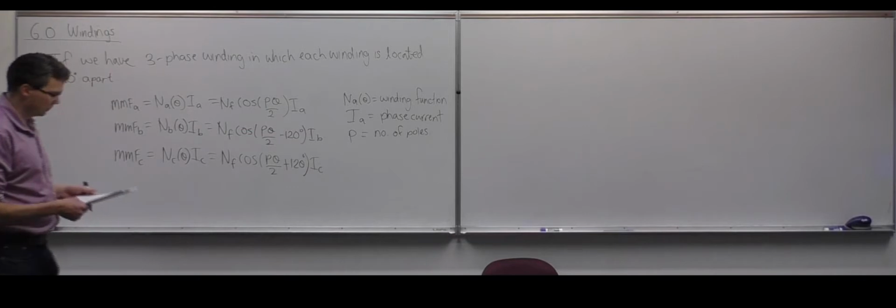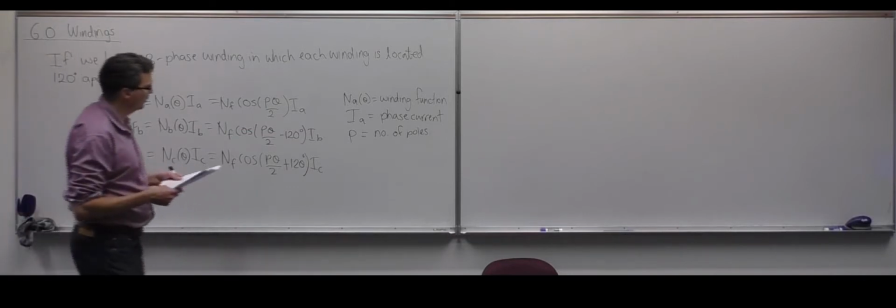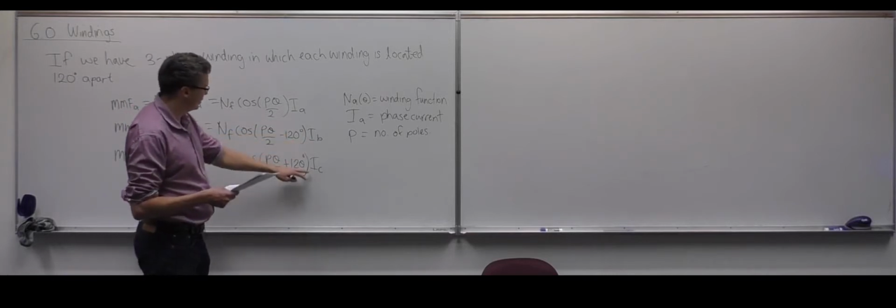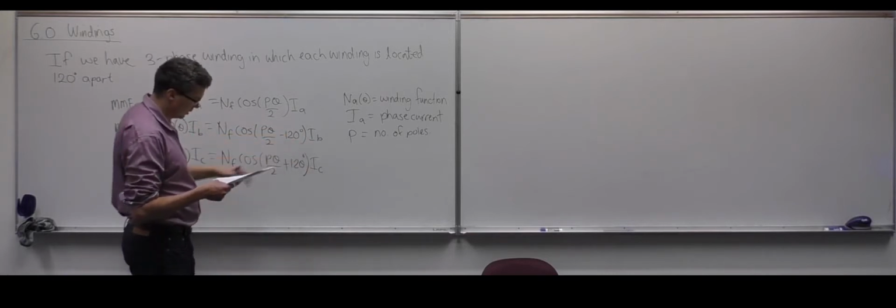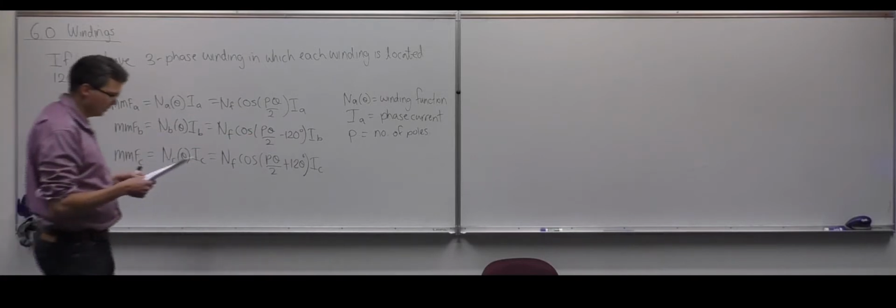So if we have these three winding functions and they have a certain current going through them, then it turns out that if we choose these currents to also be phase shifted by 120 degrees, we can create a traveling magnetic field.